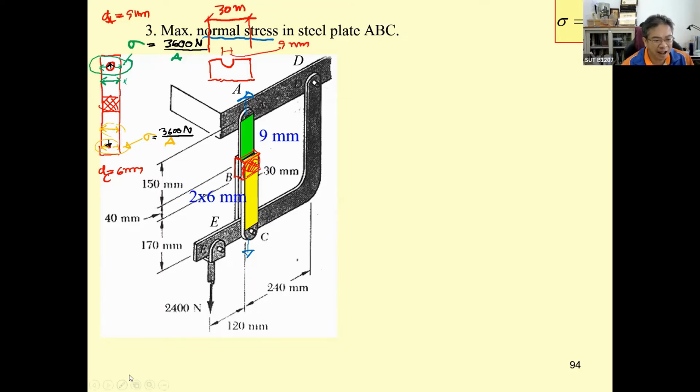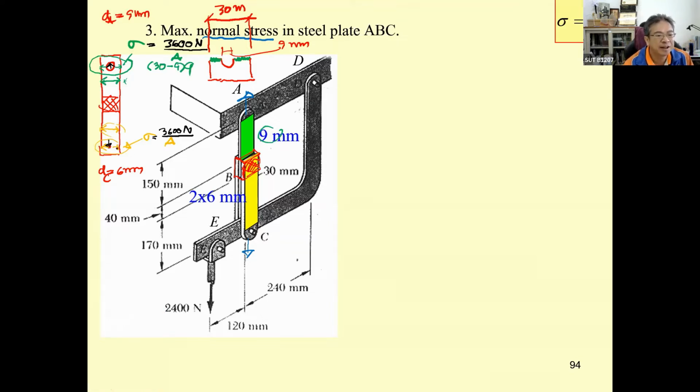So the area that's going to take the stress will be determined from this one, and then times the thickness of this. So the area here is going to be 30 minus 9, and then times this one, 9 millimeter.